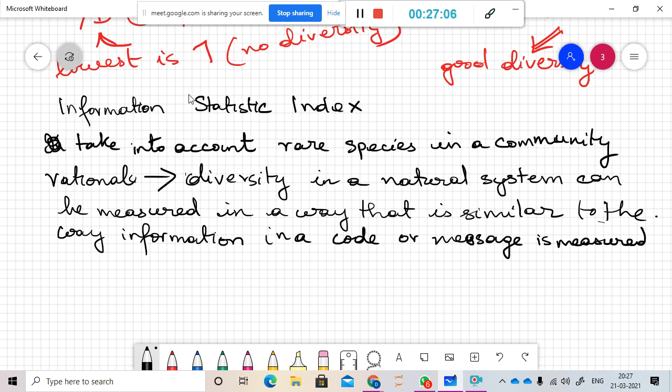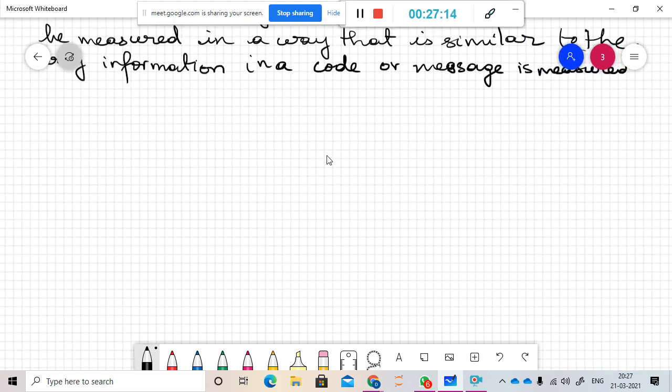Among them, the first index, you will understand it more clearly after we go through these indices, is Shannon's index.